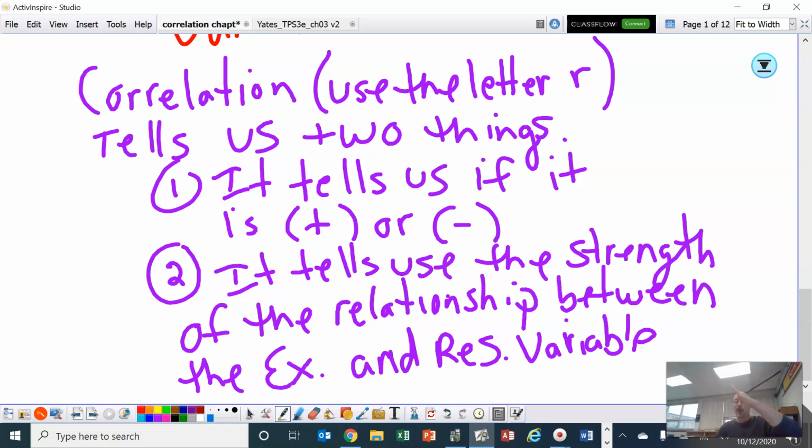So it tells us direction, and it tells us how strong or how weak that relationship could be.